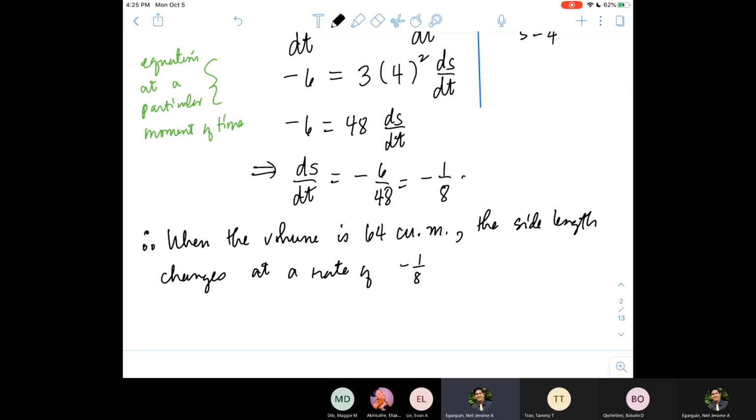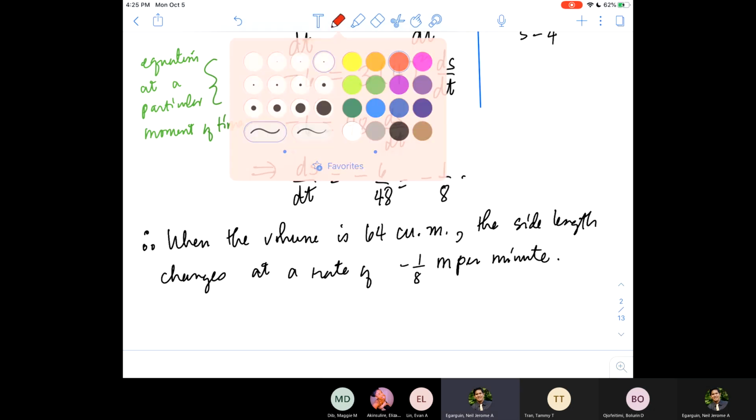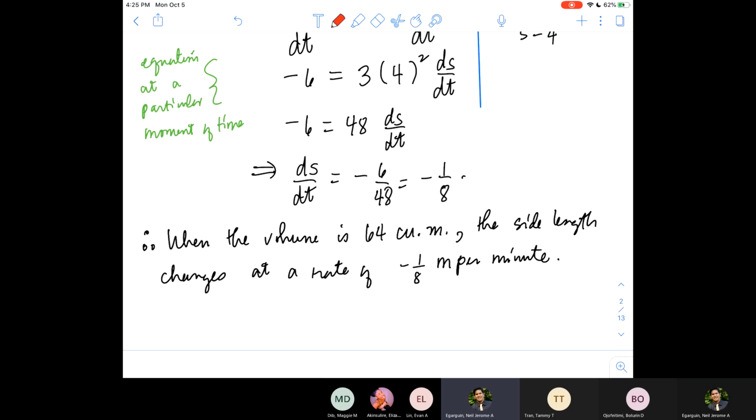So this is a side length, so it will just be meter per minute. Okay, but I think there's a more elegant way to answer this. Because I think I usually prefer saying that the side length decreases at the rate of 1/8 meter per minute.